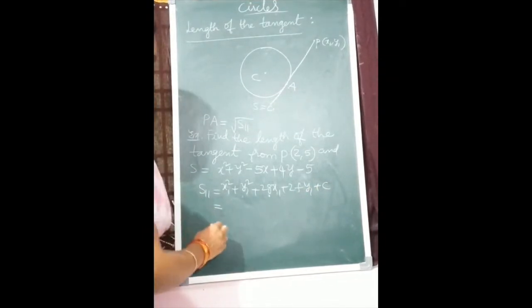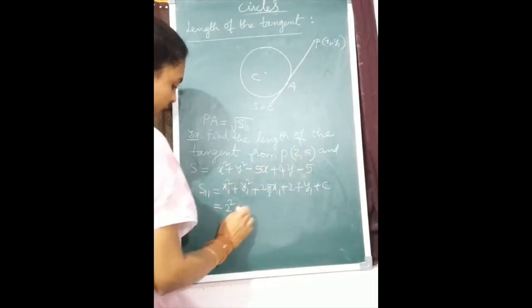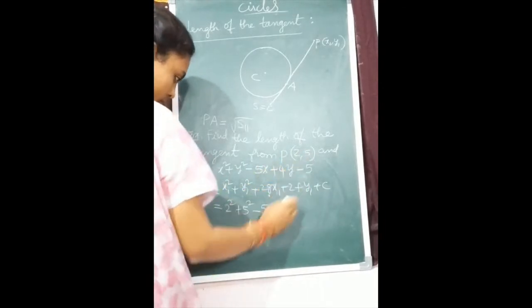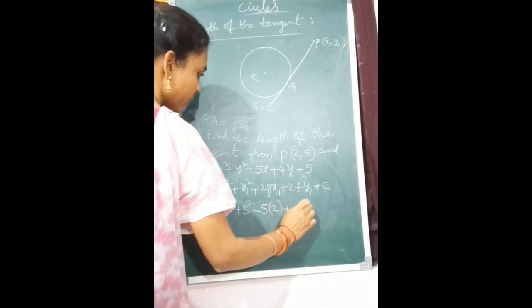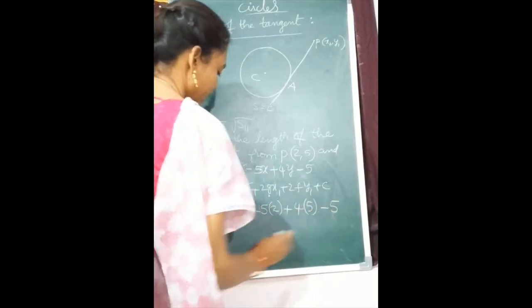This is 2 square plus 5 square minus 5 into 2 plus 4 into 5 minus 5.